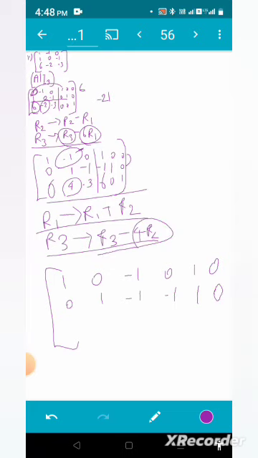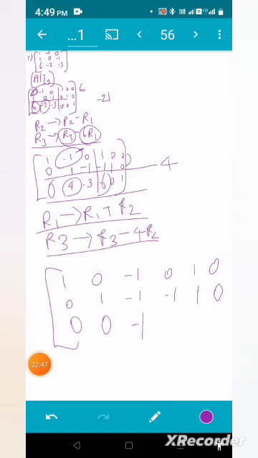R3 minus 4R2. So I multiply R2 by 4. R3 plus 0 is 0. So 4 minus 4, that is 0. 3 minus 4, that is minus 1. Then minus 6 minus of minus 4.